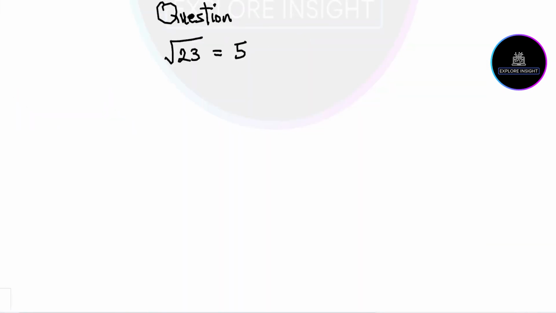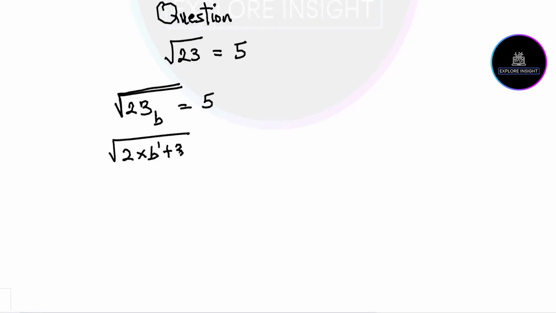If you did, that was the right answer. But let me solve it. All you have to do is to identify the base as b. So we have 23b equals 5. Now, to expand this, we have 2 times b to the power of 1, plus 3 times b to the power of 0, equals 5 times b to the power of 0.